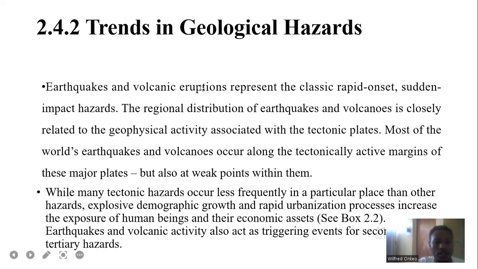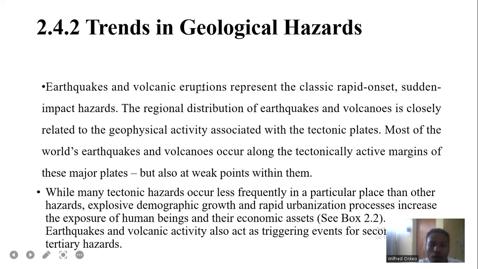So we can go back to the trend in geological hazards. Earthquakes and volcanic eruptions represent the classical rapid onset, sudden impact hazards, and the regional distribution of earthquakes and volcanoes is closely related to geophysical activities associated with tectonic plates, like the movement of the tectonic plates here.